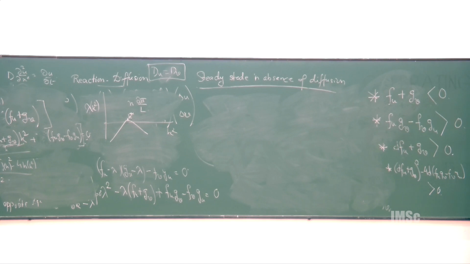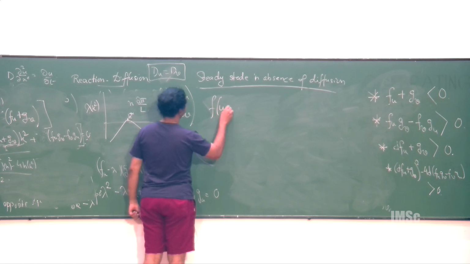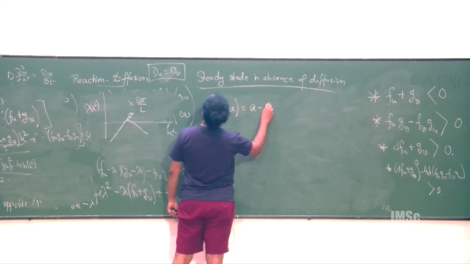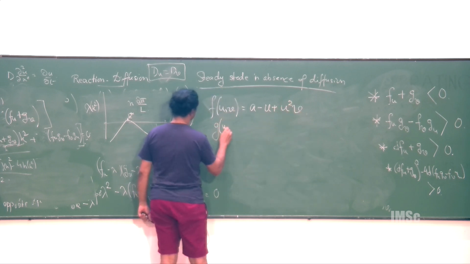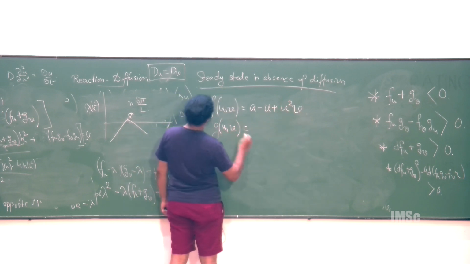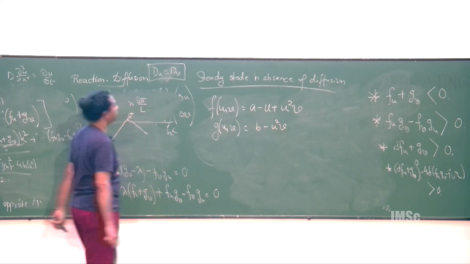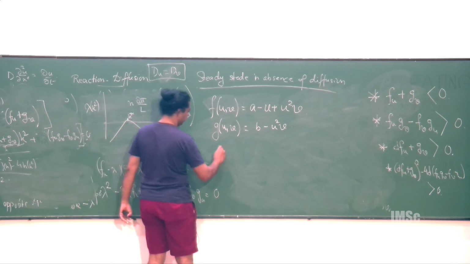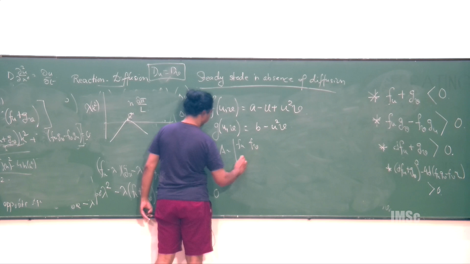All right, so F of uv is some constant minus u plus u square v, and G of uv is some constant minus u square v. Therefore, I can write down my stability matrix: Fu, Fv, Gu, Gv.